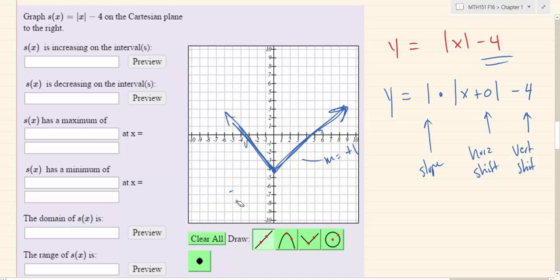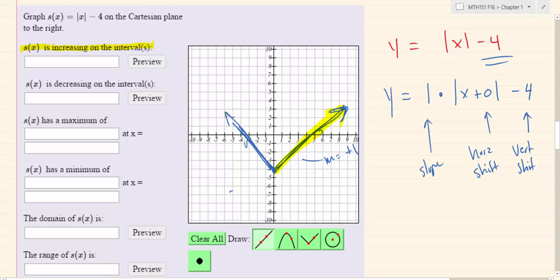All right, let's answer some of these questions. Where is this function increasing? Over what domain is it increasing? I can identify the segment of the graph. This segment right here is where the graph is increasing. The other part of the graph is decreasing. And remember, we're talking about moving left to right.